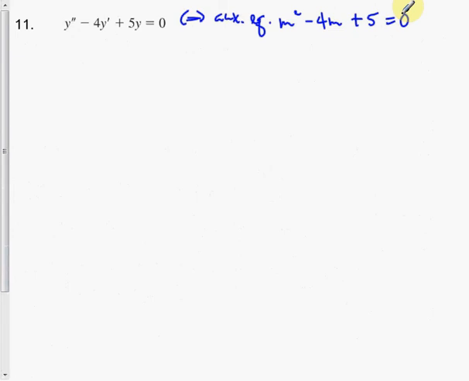Unfortunately, we cannot factor, so we have to use the quadratic formula. So it's negative b, well, b is negative 4, so this is 4 plus or minus the square root of b squared, 16, minus 4 times a times c, 1 times 4 times 1 times 5, all over 2 times a, and a is equal to 1.